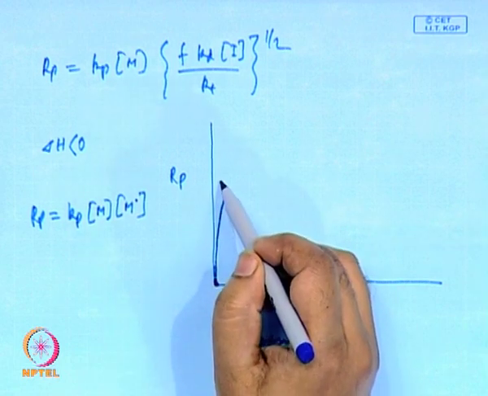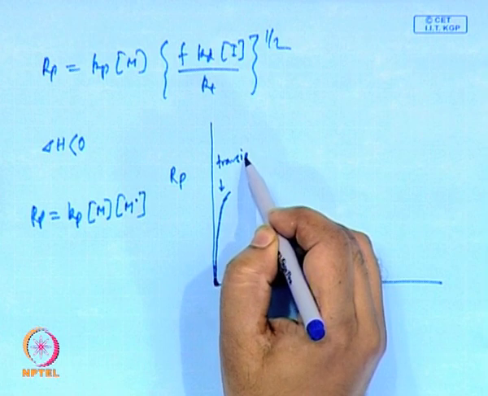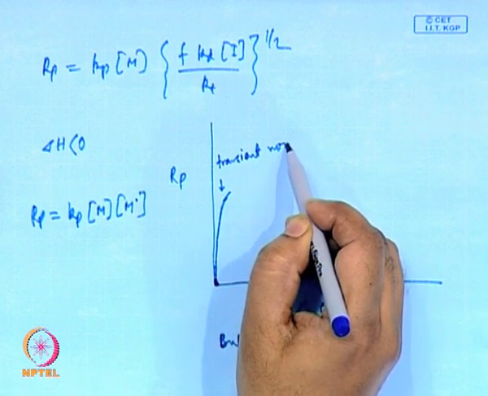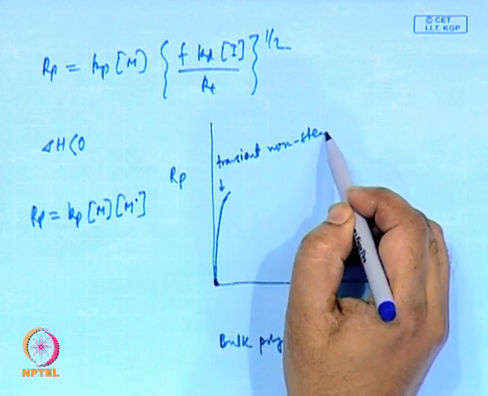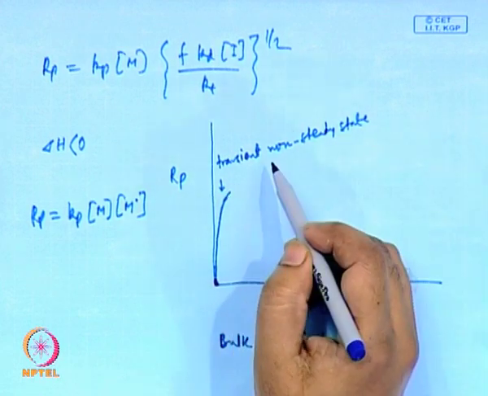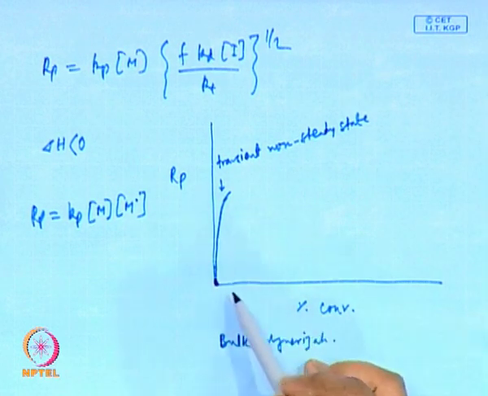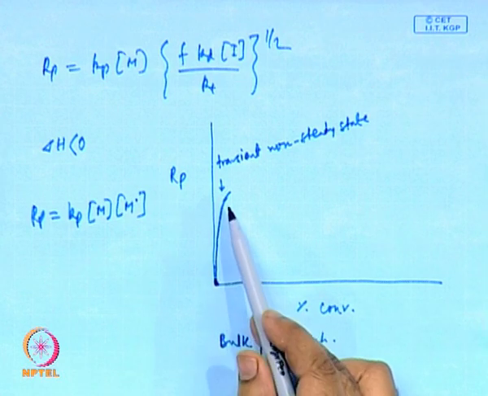So, that is the transient, non-steady state before the steady state happens. This is transient; it does not take much longer time, or too much conversion, to achieve that.